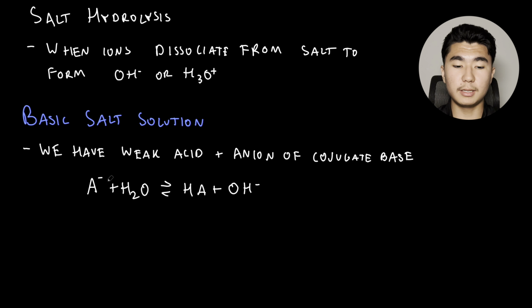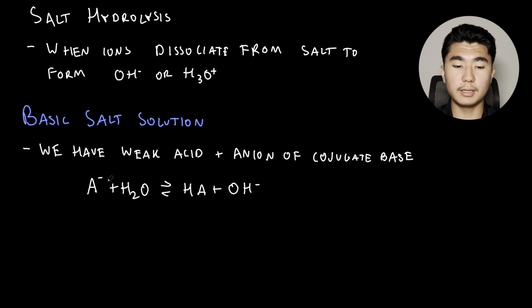So one of the key points you need to know is that the smallest and highly charged metal ions, and these include things like Al3+, Cr3+, Fe3+, we have Bi3+, and there's more.